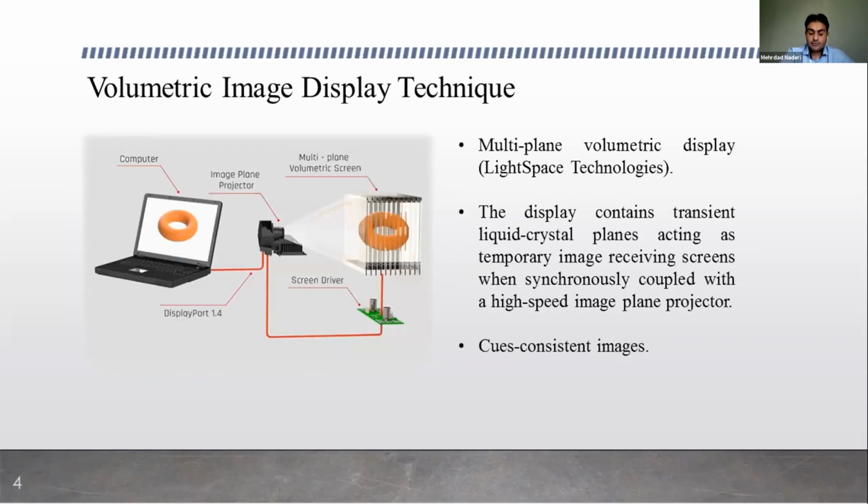Multiplane technology allows generating 3D images in a fundamentally different way. The volumetric multiplanar display includes a multi-surface optical element, including a series of diffuser layers. A high-speed projector projects a set of images on the respective layers in a time multiplex manner.